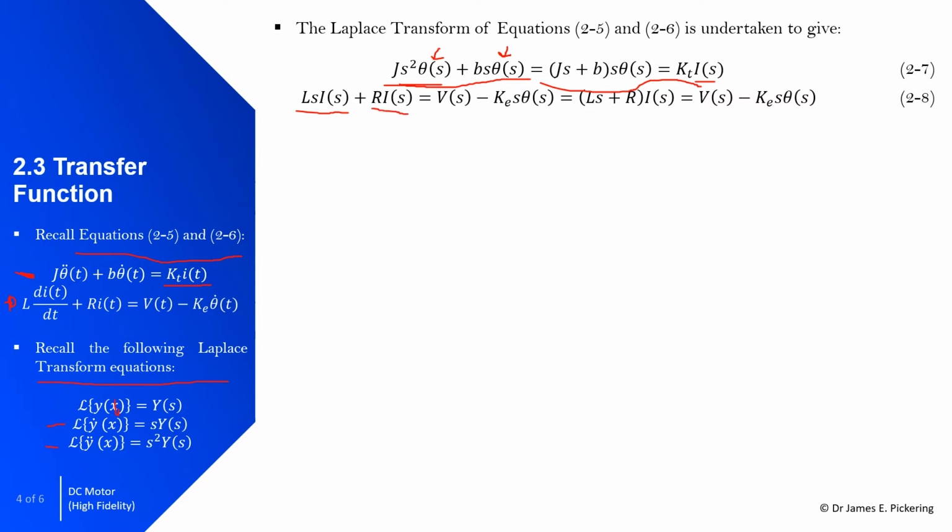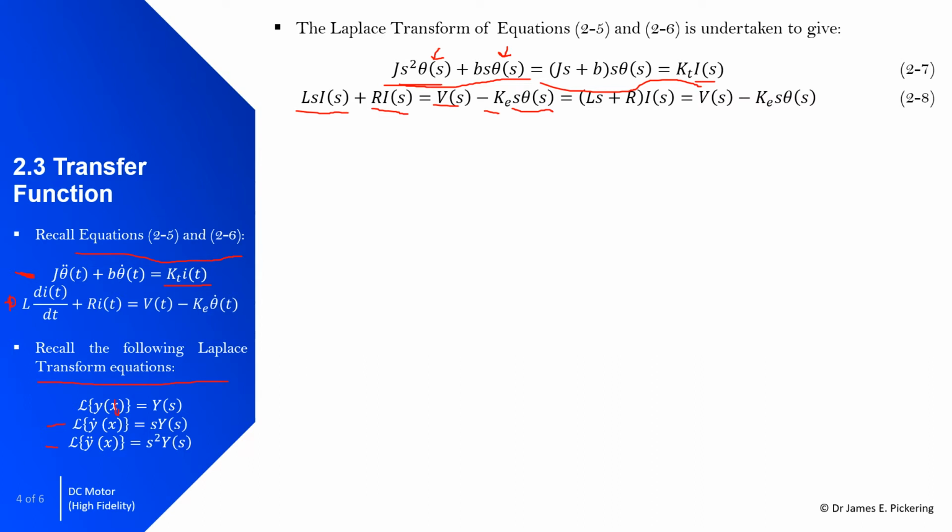Right, and then here v of t becomes V of s, and then take away k subscript e, and then here you've got this theta dot, where theta dot just becomes s theta of s.